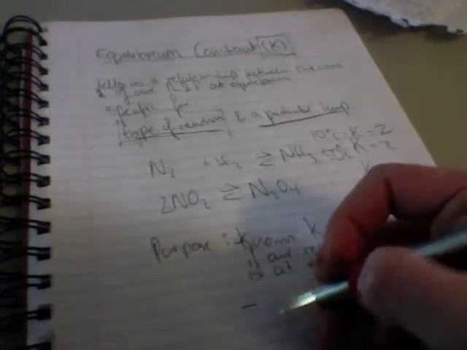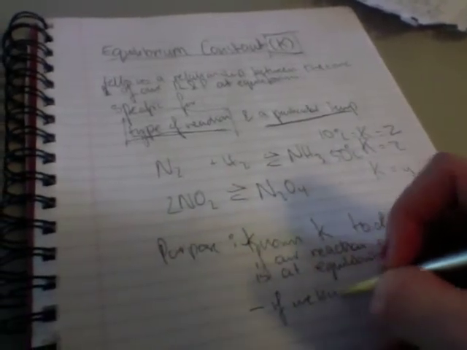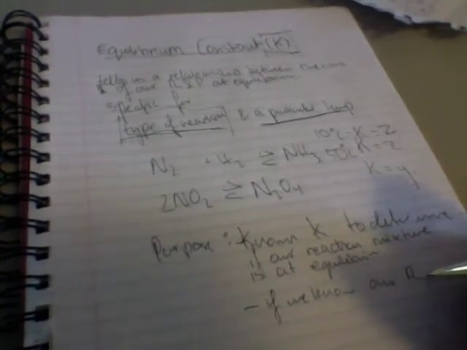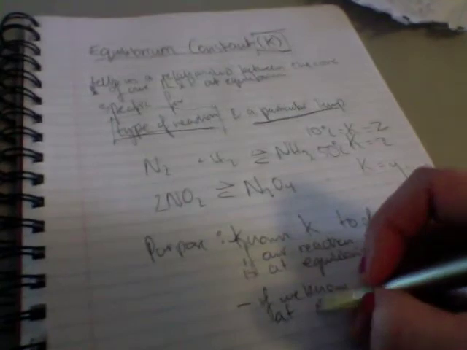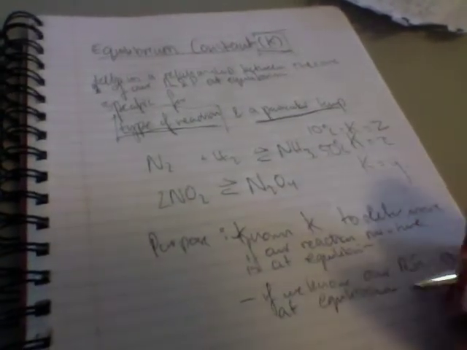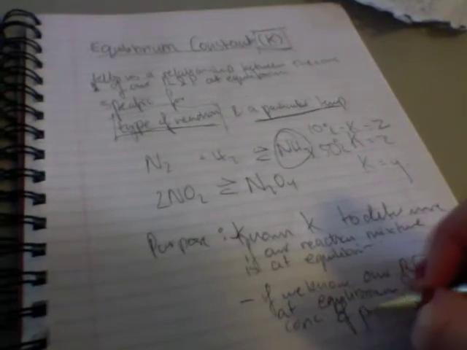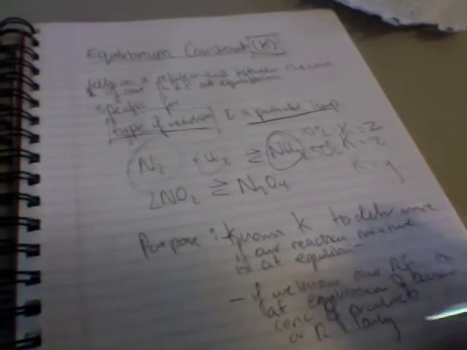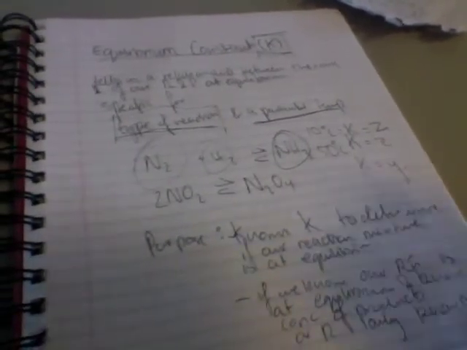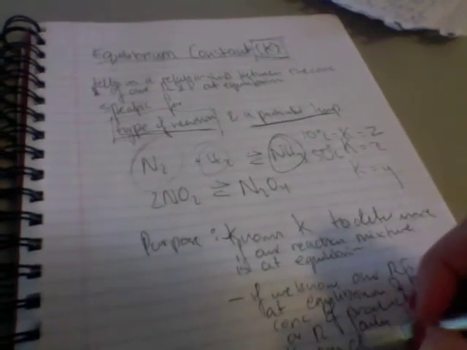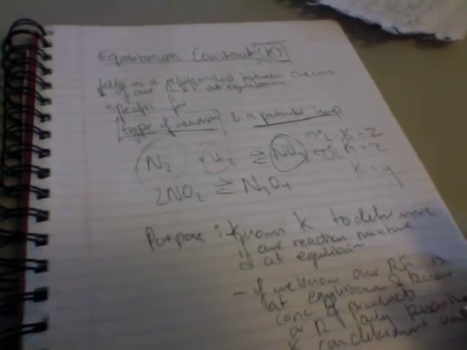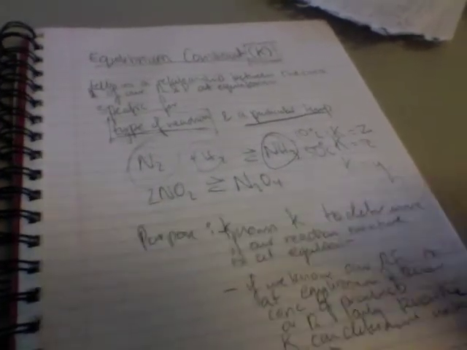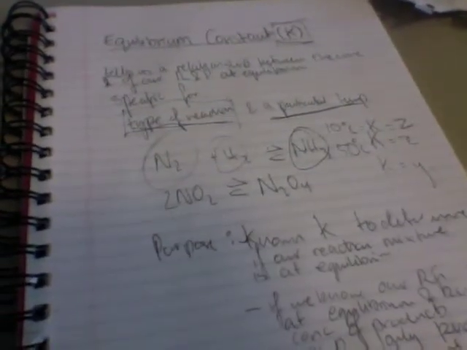Another thing K can be used for is if we know our reaction is at equilibrium and know the concentration of, say, our products or reactants only, we can work out unknown concentrations, say for our reactants, if we know the K. K can determine unknown concentrations. So there are a number of useful applications of K.